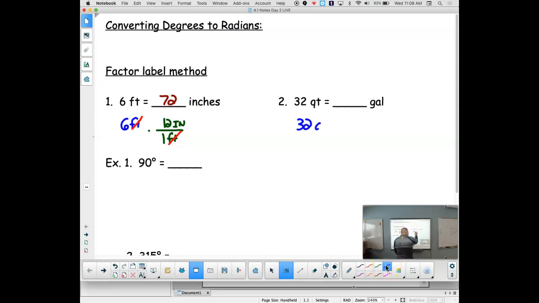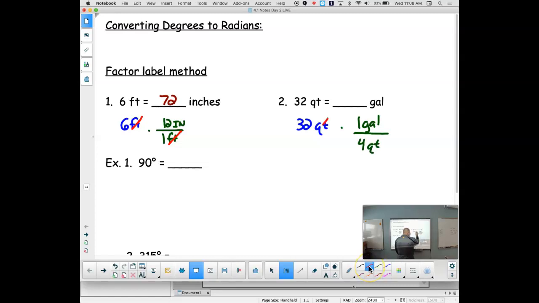Okay. Same thing with quarts to a gallon. If we start with 32 quarts, and then we multiply by, is there 4 quarts or 8 quarts in a gallon? I think it's 4, right? Anybody? 4? I think it's 4 quarts in a gallon. So here now we would have 1 gallon on top, and then we would have 4 quarts on the bottom.